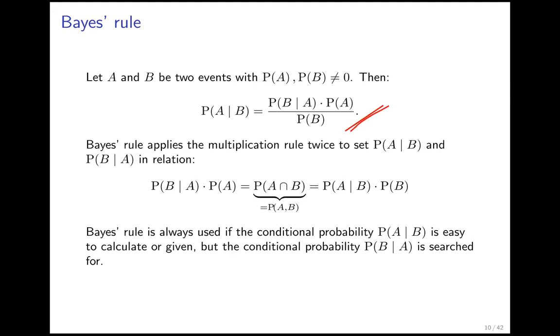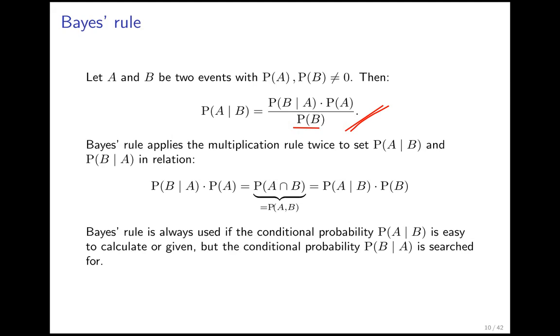So this can be done by this fraction. And the interesting thing here is also that here again we have P of B. And if you recall the last slide, we also had P of B, and we used the law of total probability to calculate P of B. And that's exactly what we did with the previous example.